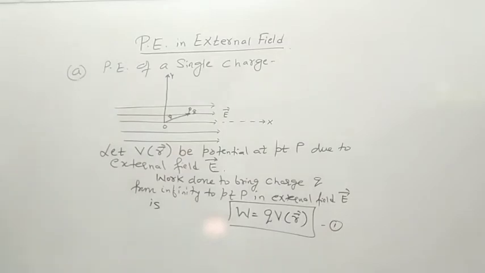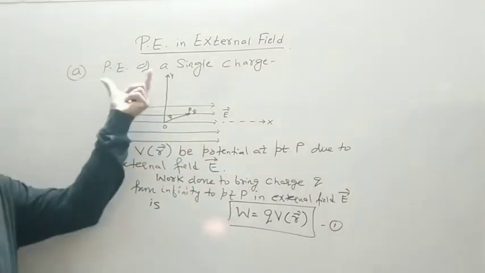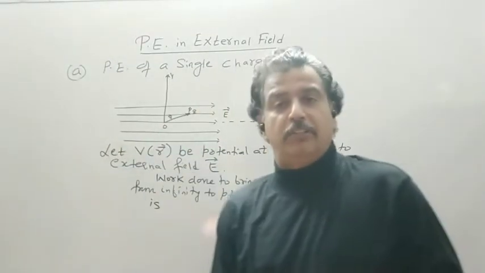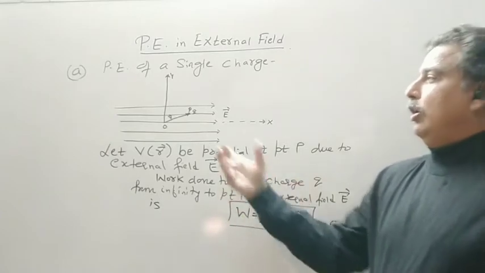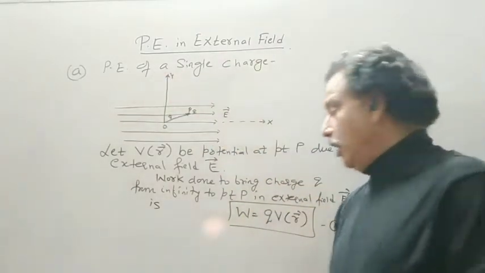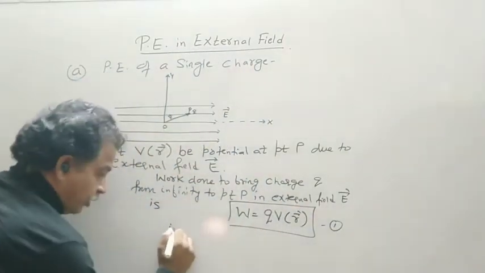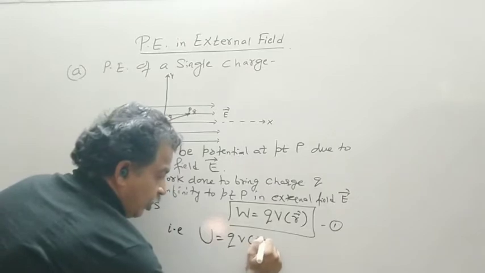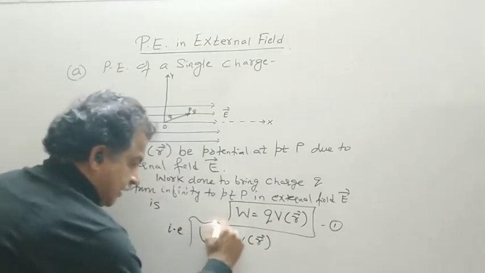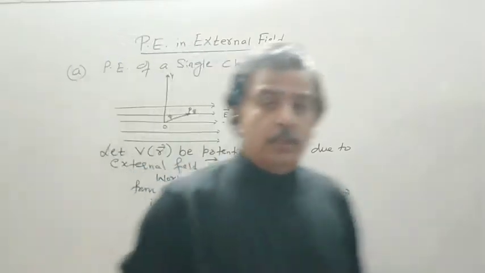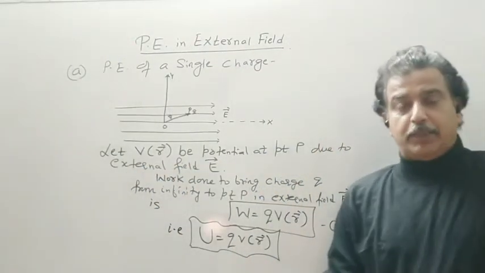This work done is called the potential energy of the single charge. So whatever amount of energy we spend, we will call the potential energy of a single charge in an external field, and therefore the expression becomes U equal to Q V of R. This is the expression from where we started the chapter.